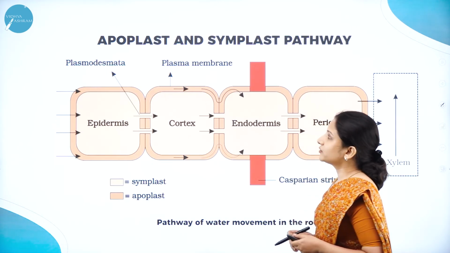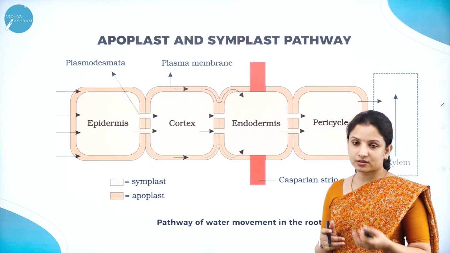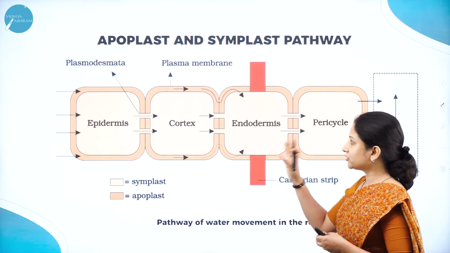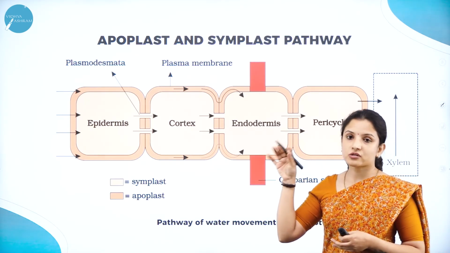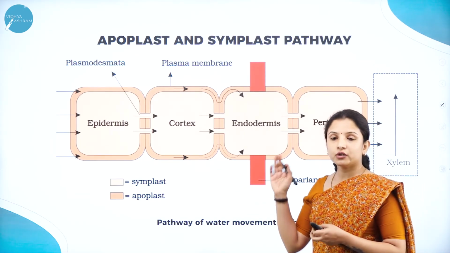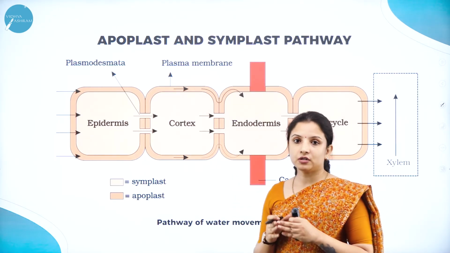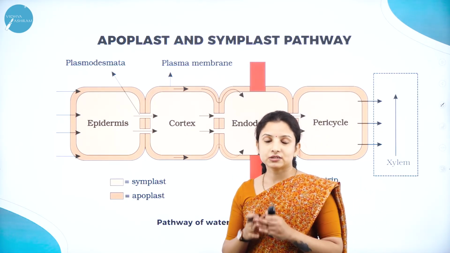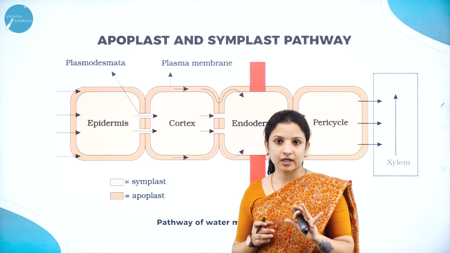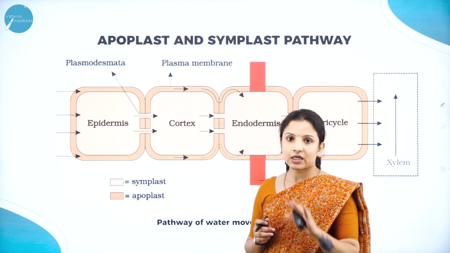Talking about the Apoplast and the Symplast pathway, it is actually the path through which the water molecules move. In order to understand this, first we should know the structure of the roots. Externally, the roots are covered by root hairs, right? First, it will have the epidermis.